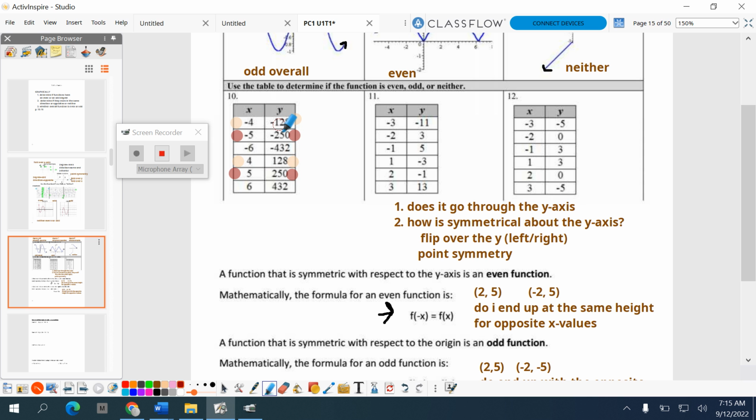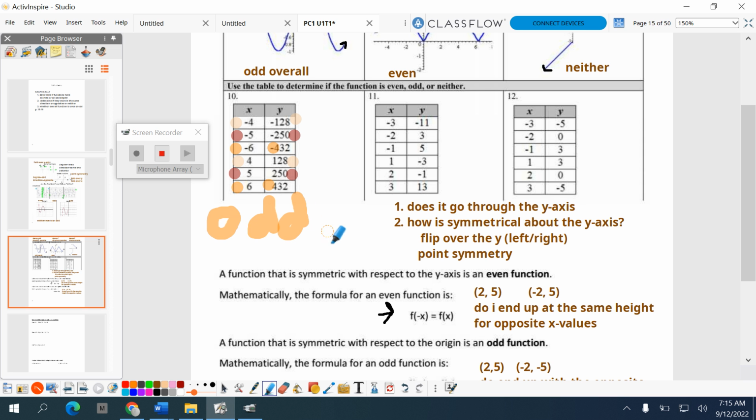And technically they're opposite heights. So I have opposite x values for opposite heights. If I look down, it's not going to be the same height for opposite x values. As I look down, it's telling me that I'm dealing with an odd function. This is odd. This is odd.